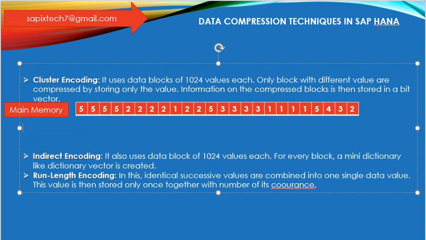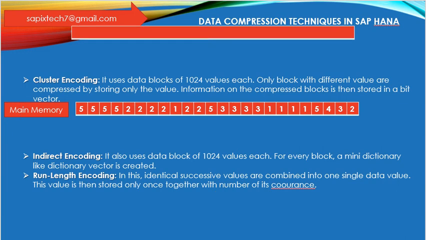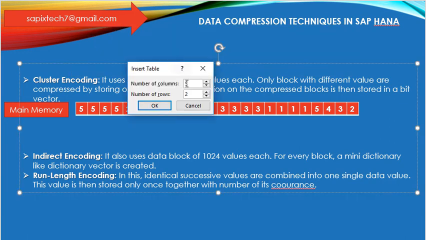So let me create 1, 2, 3, 1, 2, 3, 6. Let me insert one more row with a column, for example, SS7. There can be n number of columns.